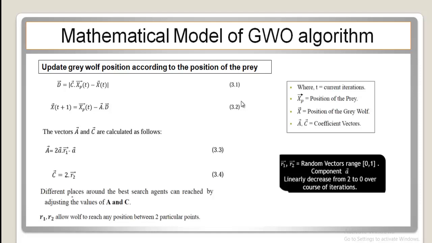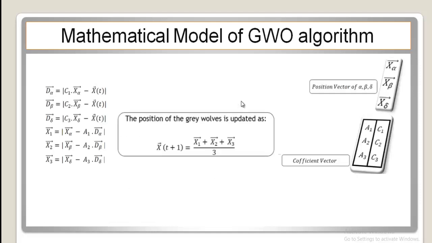We are focusing on the core mathematical expressions that the gray wolf optimization algorithm employs to iteratively update the potential solutions toward the optimal solution. Each agent updates its distance from the best solutions, where D alpha, D beta, D delta are the distances of the alpha, beta, delta from the optimal solution.